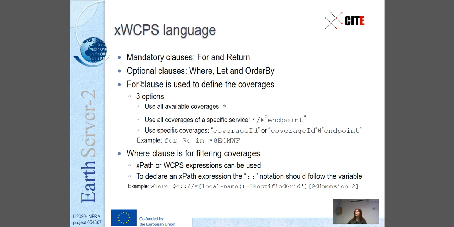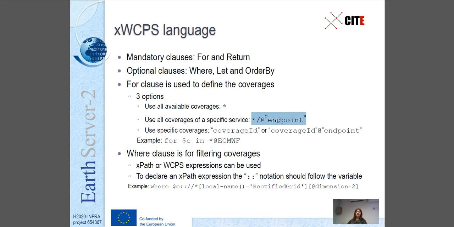In the for clause, you can define which coverages you are going to use. You have three available options. Either you use all the registered available coverages of the system by using the asterisk, or you could define that you want to use all the available coverages of a specific endpoint using this syntax.